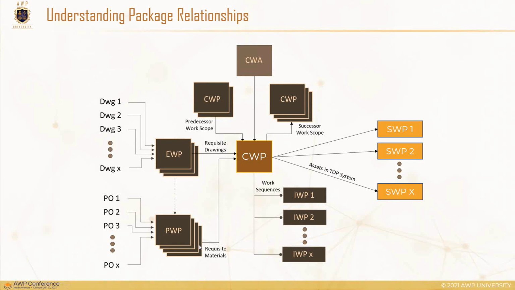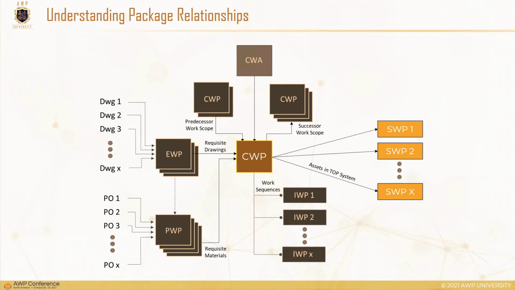So it may not be exactly what was scoped by the original engineering, but absolutely is sufficient for the construction, so that you may have differences in materials between a PWP and a CWP. That mapping needs to occur so that we understand not just as engineered, but as procured, and what the materials are to satisfy the constraints of that CWP.